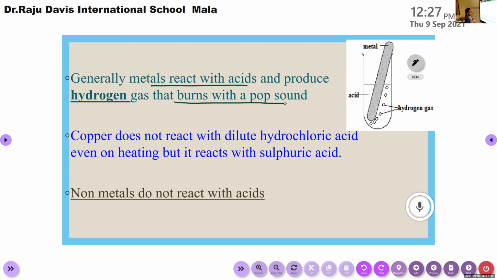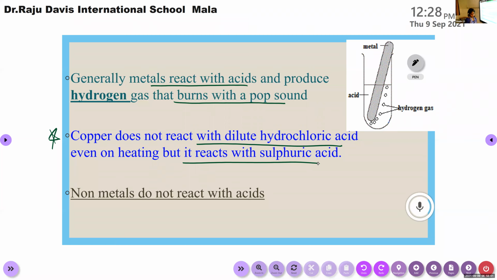In the last slide, you wrote something at the top, magnesium plus hydrochloric acid. That was to explain the reaction. That's not needed for you. We are discussing only the observations, not the chemical reactions. So whenever metals react with acids, hydrogen gas will be formed. In the case of copper, it's an exception. Copper does not react with dilute hydrochloric acid, even on heating, but it will react with sulfuric acid. And the non-metals do not react with acids. That's why sulfur and charcoal will not give a proper result. There will be no reaction of non-metals with acids.